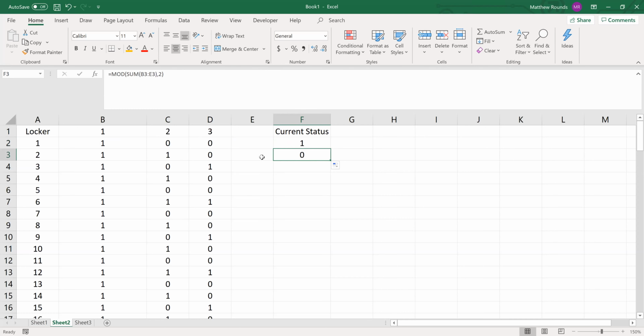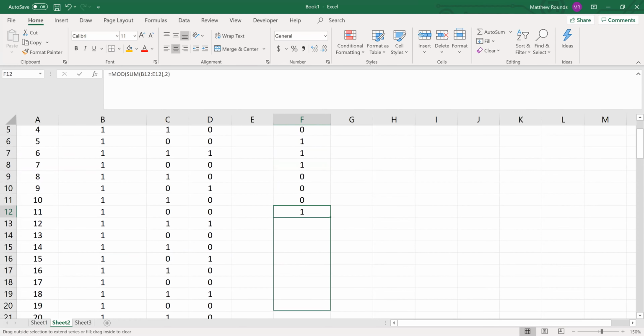Now that was true, so it becomes unlocked. Is that right? Yes. How about for number 3? It was locked, no change, but then it became locked again. So we can copy this all the way down.